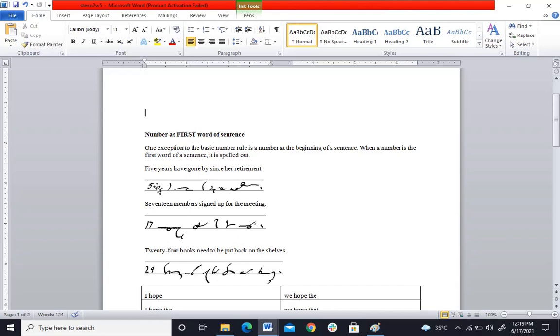Now, when you transcribe it into longhand, you spell it out, even if it's below 10 or above 10. Why? To avoid confusion, because it might be mistaken for numbering, like 1, 2. So, to keep it from being mistaken for numbering, you have to spell it out when transcribing to longhand. If you forget it sometime, you can go back to your module and see the exemption to our basic number rules.